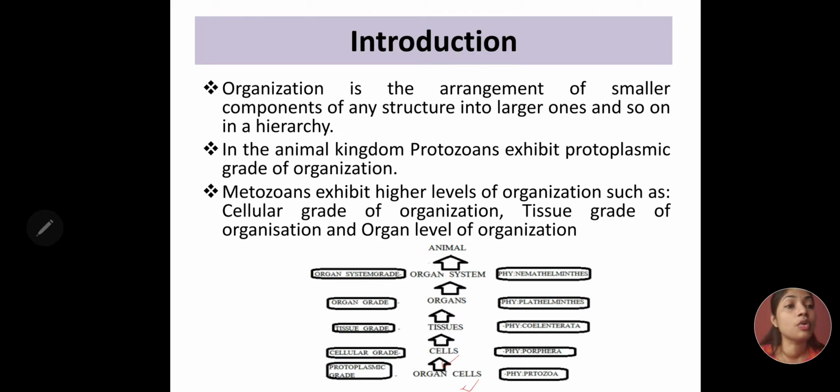So it is known as organ system grade of organization, and it is seen in phylum Annelida, Arthropoda, and so on, including human beings. So several organ systems form an organism or an animal. So this picture gives a holistic view about body organization.